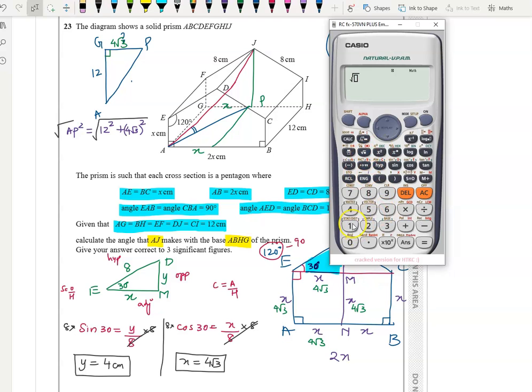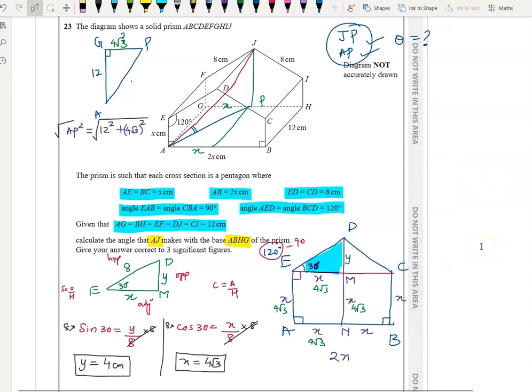That gives us 8 root 3. So side AP is 8 root 3. Okay, so I have side AP.